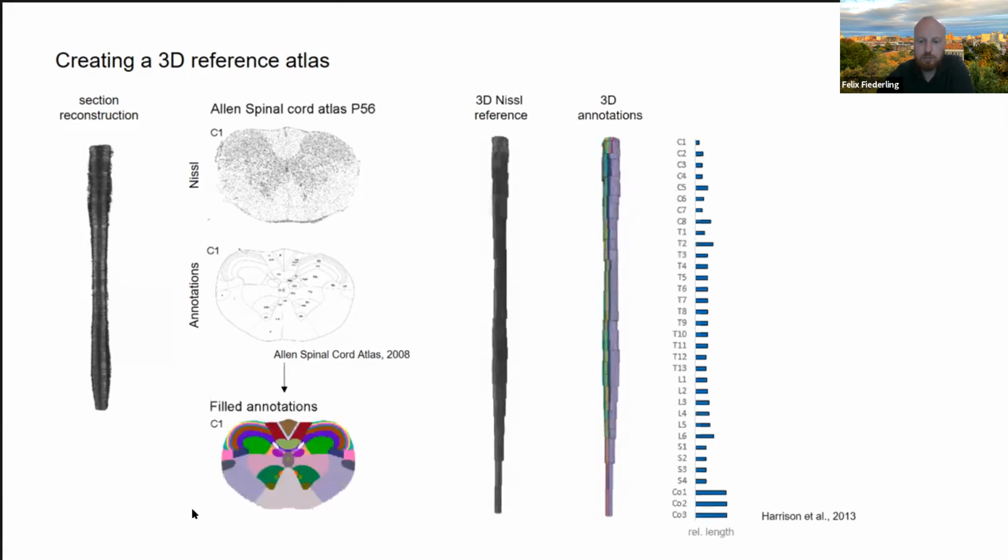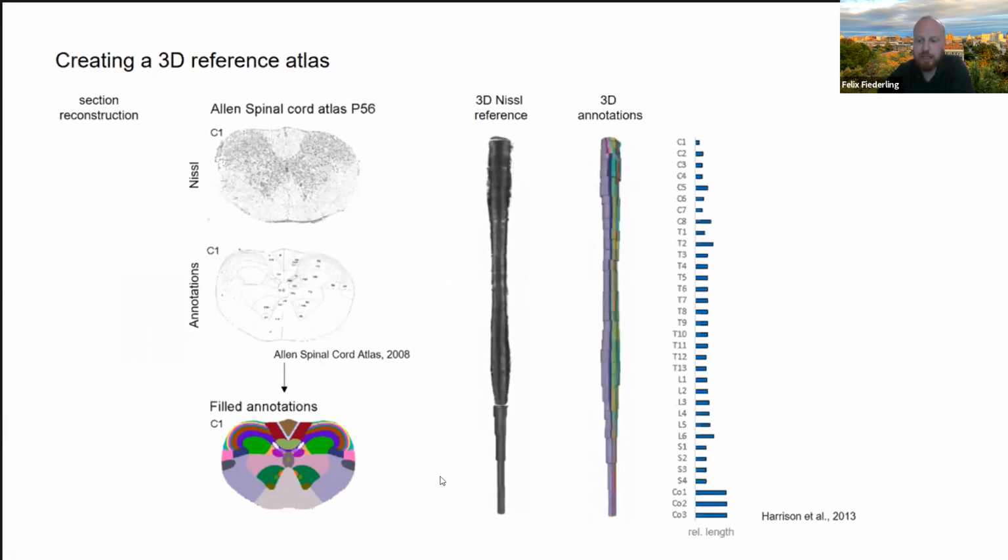To do this, we first digitized these annotations of the Allen atlas by filling all the regions with a color code, and then we built a 3D volume from both the Nissl and the annotated sections, simply by stretching the sections of each segment to match the rostrocaudal length of each spinal level, as has been measured by others. So this new atlas does not add any rostrocaudal resolution compared to the Allen atlas, but rather brings the segment annotations into rostrocaudal context and into a 3-dimensional format.